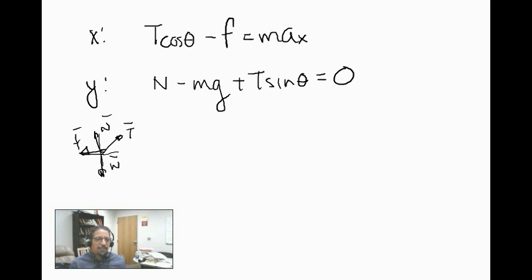So, for example, take the case a equals 0, then you have a relation between the friction and the tension. So you can use that to solve a particular question. So that's the general scheme for solving problems with Newton's second law.